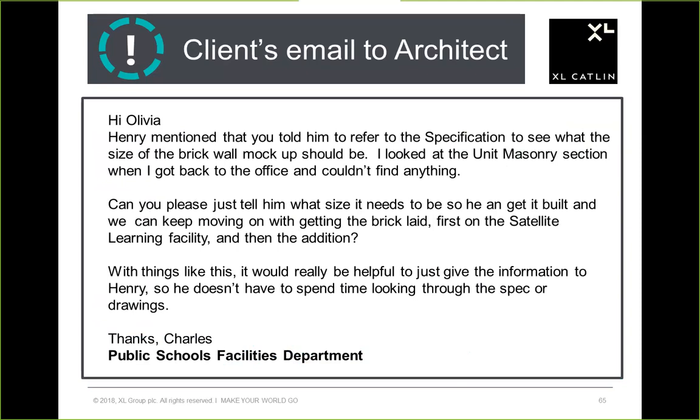He indicates that you're slowing things down. He's made a request for information about the brick wall mock-up. Can you just give him the information he needs? Can you, instead of just telling him where it is in the construction documents and the specs, just tell him what it is. With things like this, it would really be helpful. Just give him the information so that he does not have to spend time looking through the specifications or the drawings.